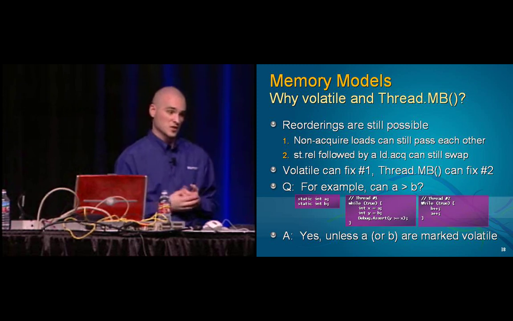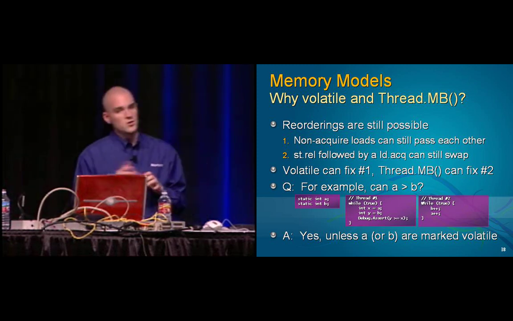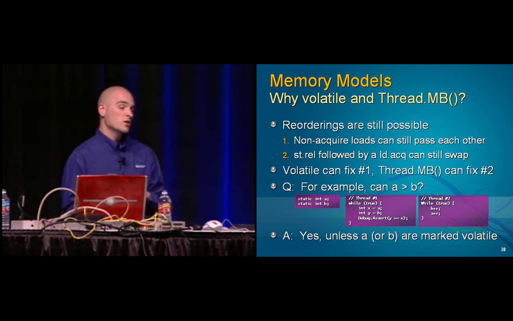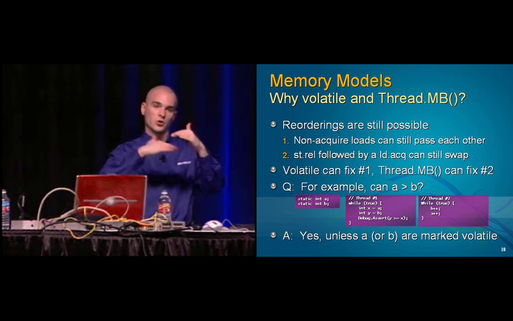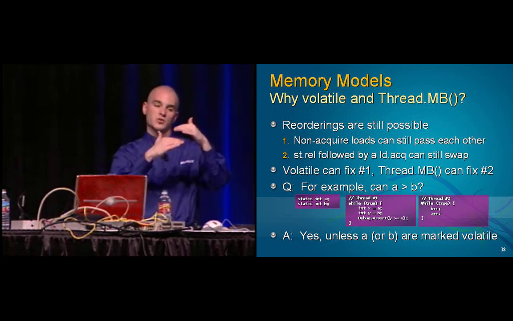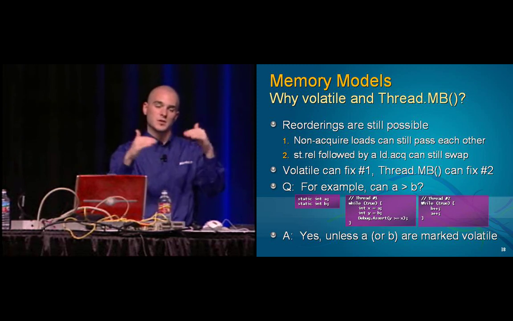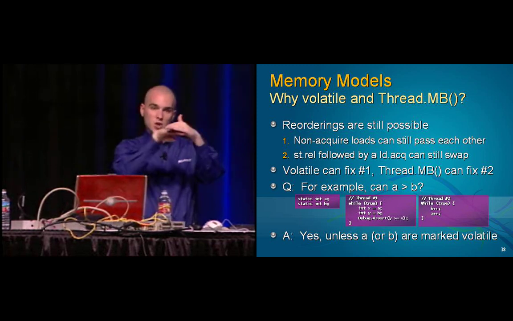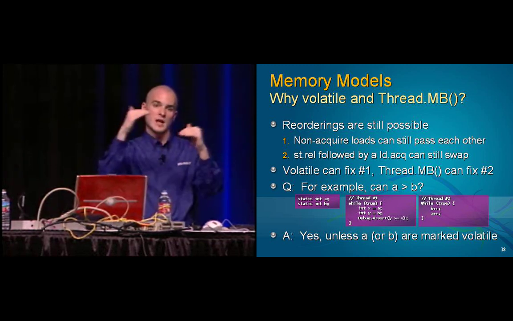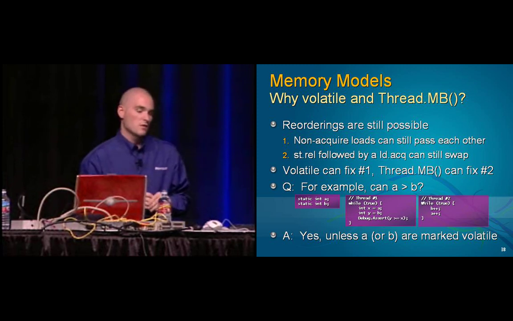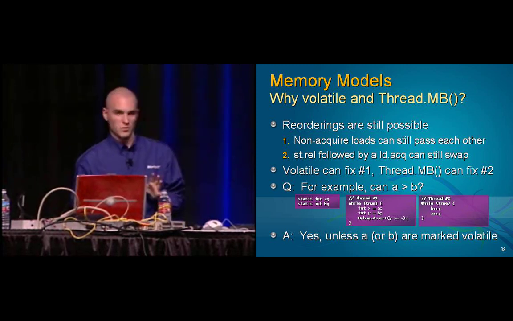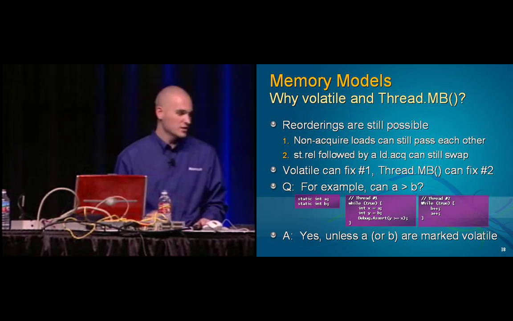Using volatile can fix that problem. And there's another subtle case where if you're doing a store release followed by a load acquire, well, the semantics of those still mean that they can get swapped around. So a memory barrier goes in between the two to make sure that they're not able to get reordered. Very subtle. It's probably the case that you will never have to use this API, which is a good thing.